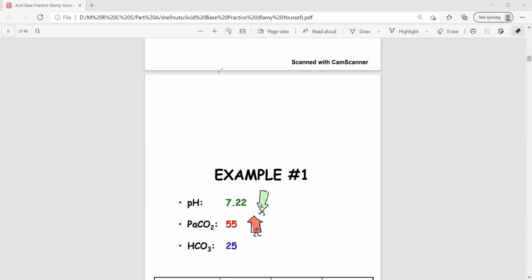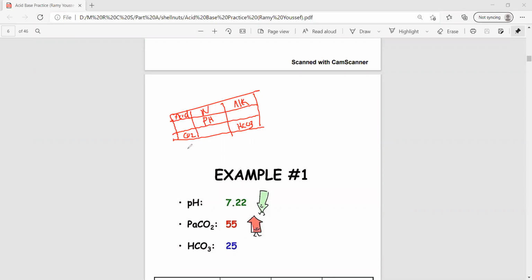Okay. Acidosis, normal, alkalosis. I found the pH here, and CO2 here, and HCO3 here.